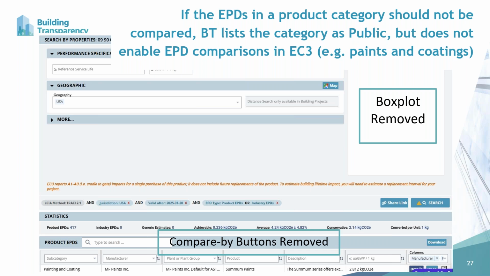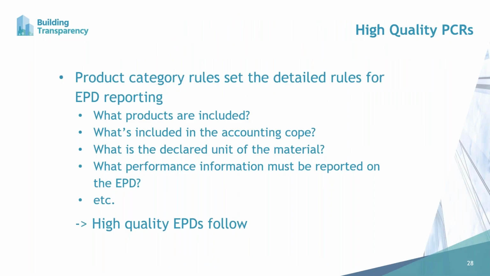This is a screenshot. You can't see it, it's a little covered here, but we've seen issues where we can't support folks just choosing, oh, this EPD has a lower GWP than this other one, and it makes it challenging. So we've elected to remove the box plot and the compare by buttons, but still show the EPD listings to show that they're out there. I'll just leave it at that.